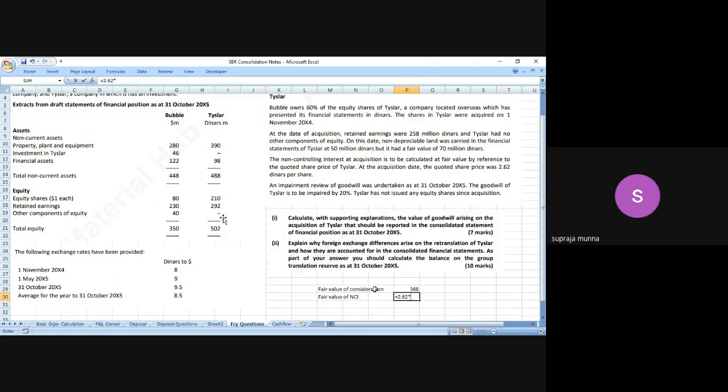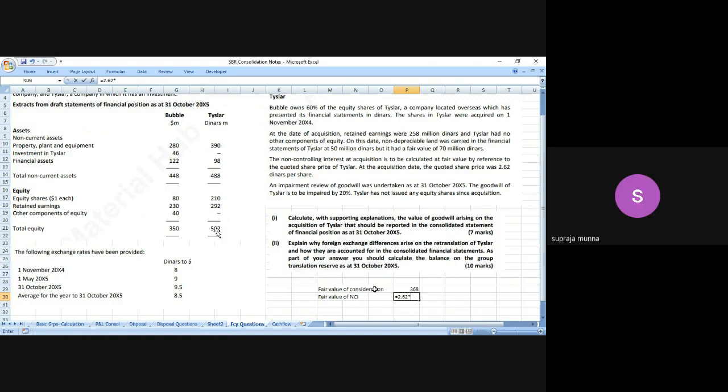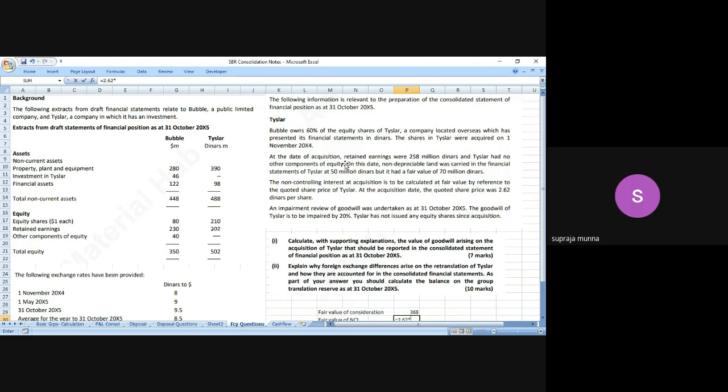Okay, then I need to convert this into dinars. No, this is already there in 210, no? They're mentioning $1 each.